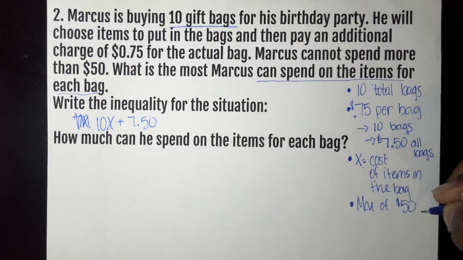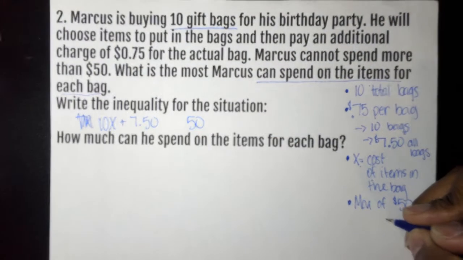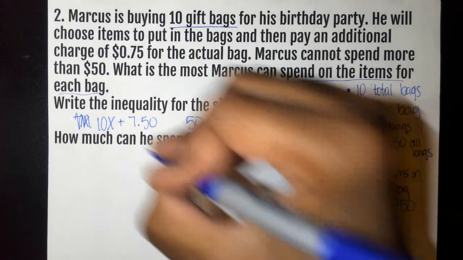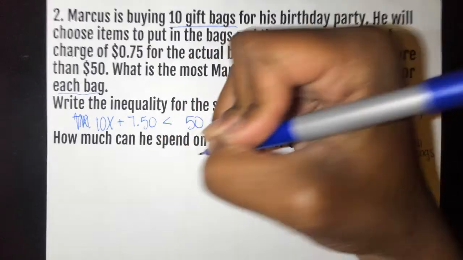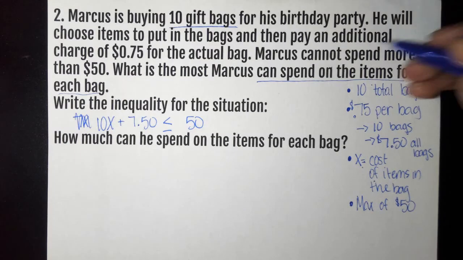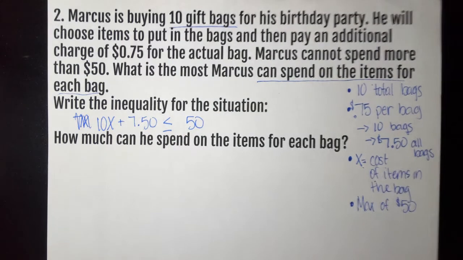And then a maximum of $50. So how do we say maximum? We can't say equals, because he could spend less than $50, right? But we do not want him to spend more than $50. So what I'm going to say is less than or equal to $50, because it says he cannot spend more than $50. So we've got our equation.